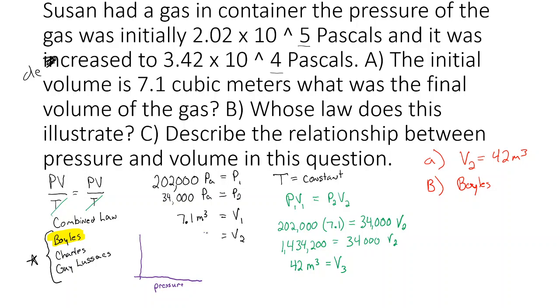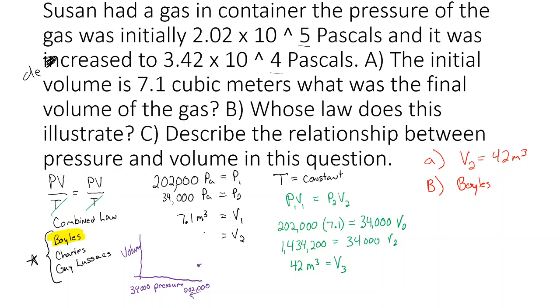As our pressure goes down, so we're going backwards, what happens to our volume? We went from 202,000 to 34,000. That's what happened to our pressure, right? We went from 202,000 to 34,000.